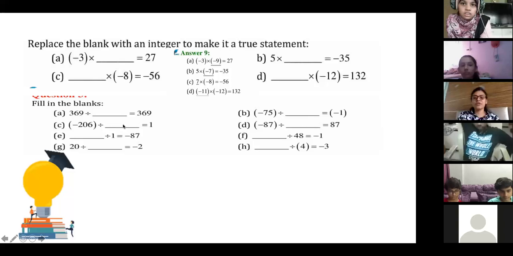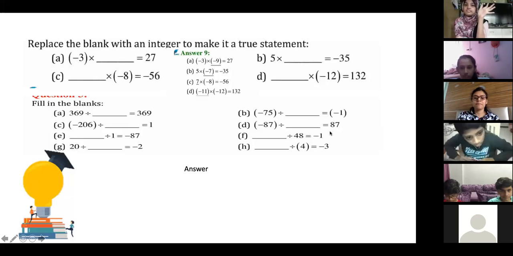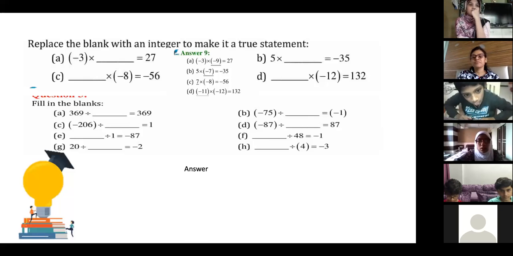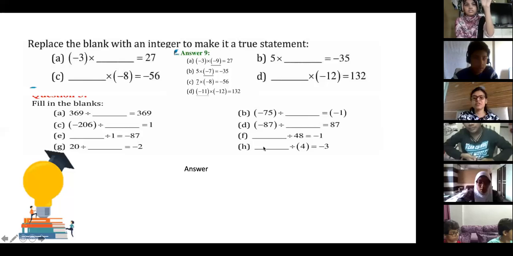Yes, minus 206. Okay, Farhana, minus 87 divided by dash is equal to 87. Minus 1. Yes, minus 1. Sakleen, dash divided by 1 is equal to minus 87. Minus 87. Yes, minus 87.